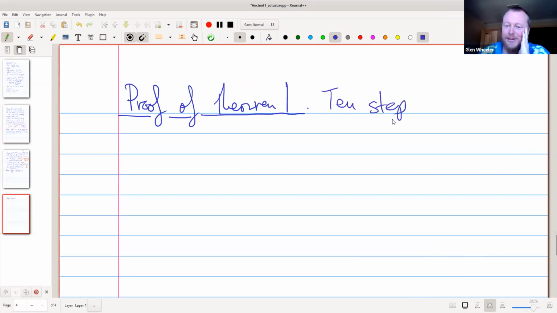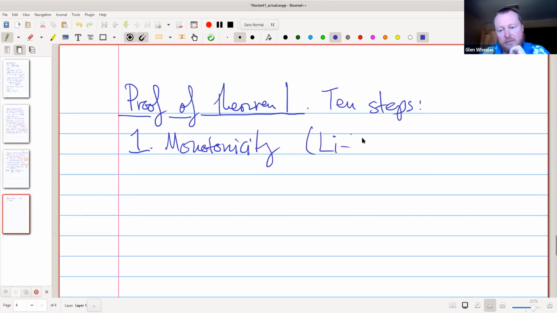It's a 10-step program. I don't think 10 is the normal number, but anyway. The first step is going to be called monotonicity. And this is going to involve application of the Li-Yau differential Harnack inequality. I'll say more about that.